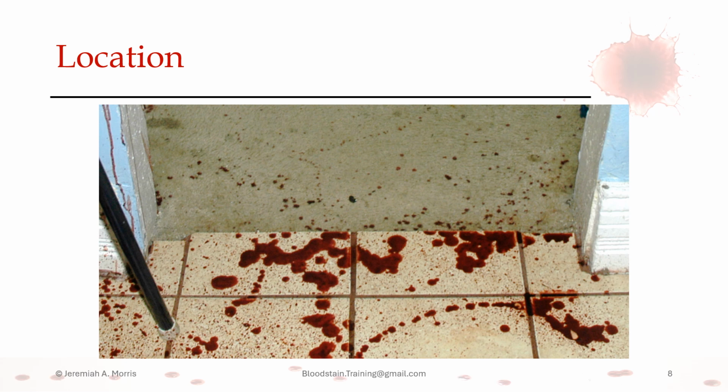Within this image, we have 2 different types of target surfaces. We have the non-absorbent ceramic tile that progresses right into another room where we have carpeting. And we can see that the features of the bloodstains on the tile are completely different than the features of the bloodstains that are on the carpet. One might consider the possibility that we have 2 different mechanisms here, and we don't.